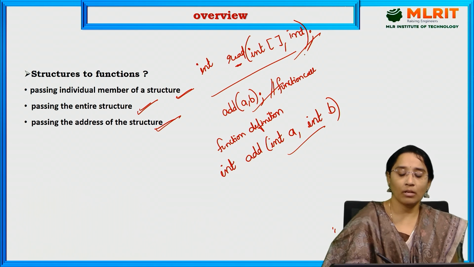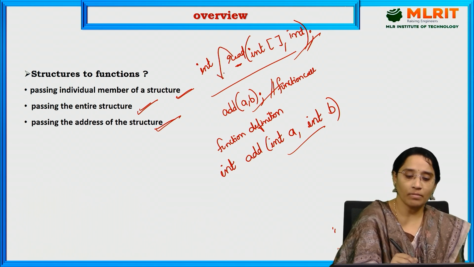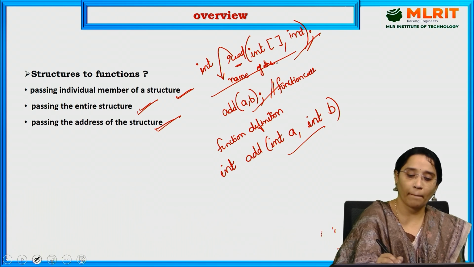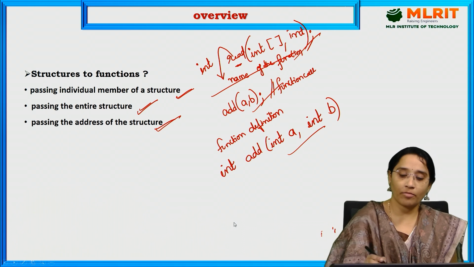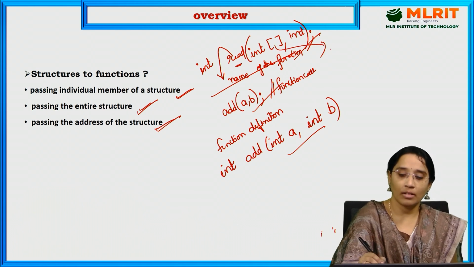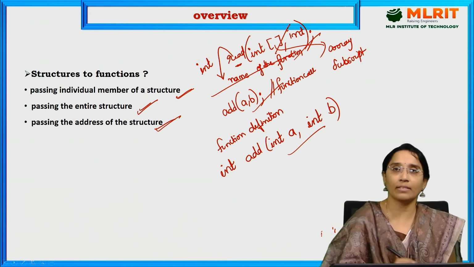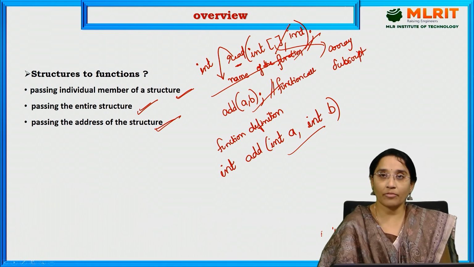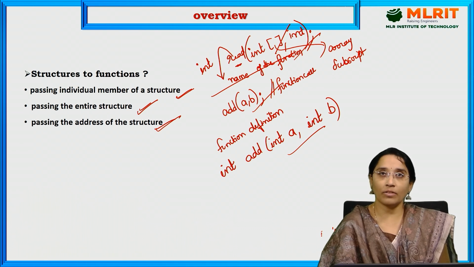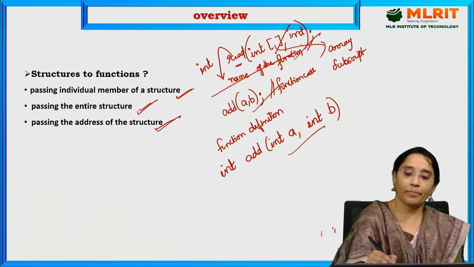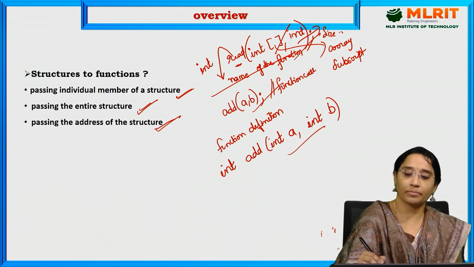This is the name of the function, and this is the array subscript, which represents a 1D array. So you are passing a 1D array as a parameter in the function declaration, and this represents the size of the array.